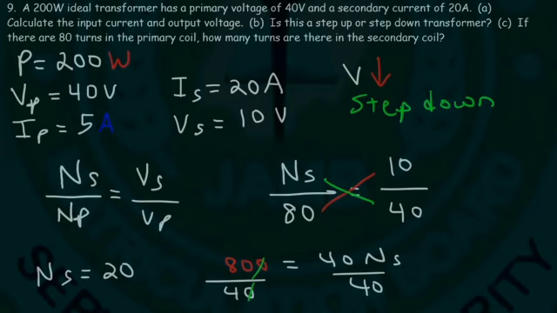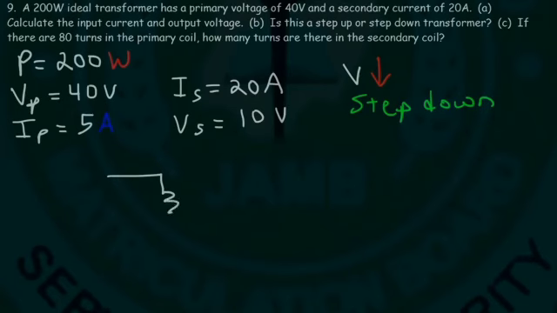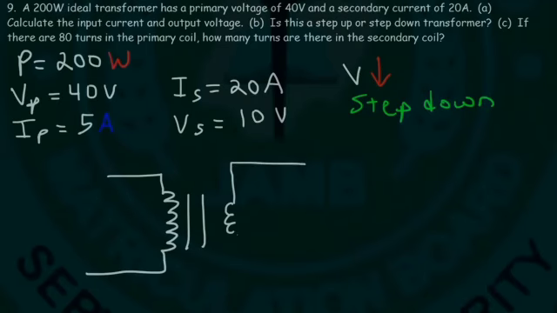Now let's make sense of this. Let's draw a picture. So the primary coil has more turns than the secondary coil. The primary coil has 80 turns.